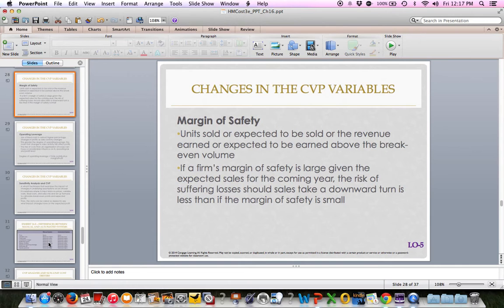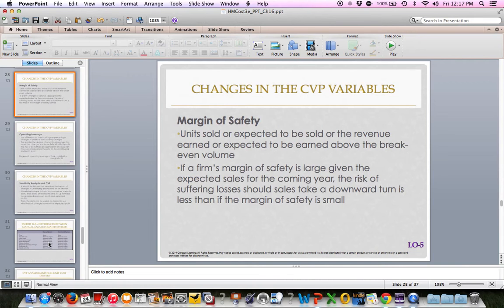It says units sold or expected to be sold, or revenue earned or expected to be earned, above break-even volume. That's a convoluted way to say how much more do we sell on average above and beyond break-even. If I sell a whole lot more than my break-even, I've got a really good margin of safety, so my sales could drop a lot and I'd still at least break even or make some money.